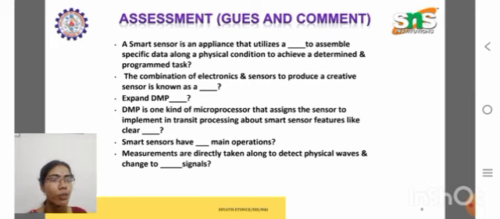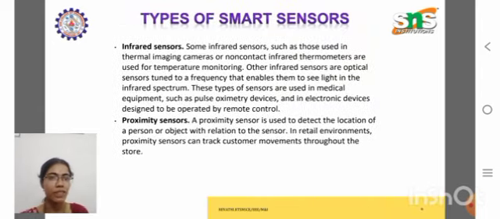DMP is one kind of microprocessor that enables the sensor to implement in-transit processing of smart sensor features. The next question is, smart sensors have what kind of main operation? The last question is, measurements are directly taken to detect physical waves and changed to what kind of signals? Guess the answer and comment in the comment section.